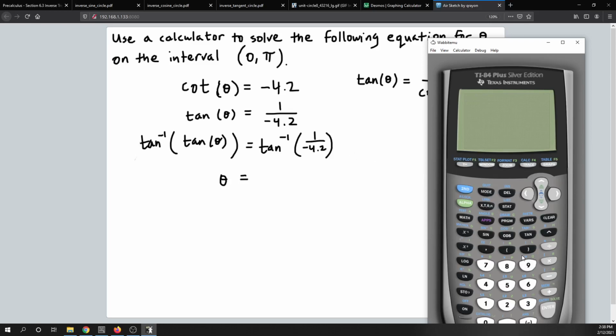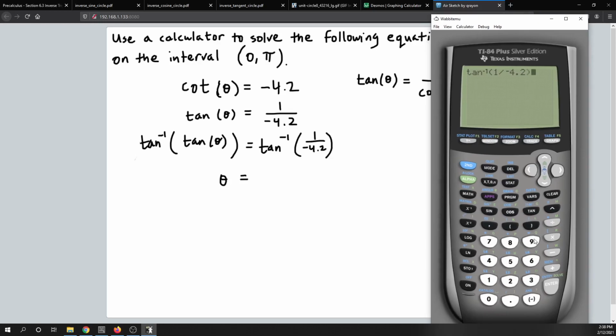And now I want to do inverse tan of 1 divided by negative 4.2. Okay. And I get minus 0.2337, to 4 decimal places.